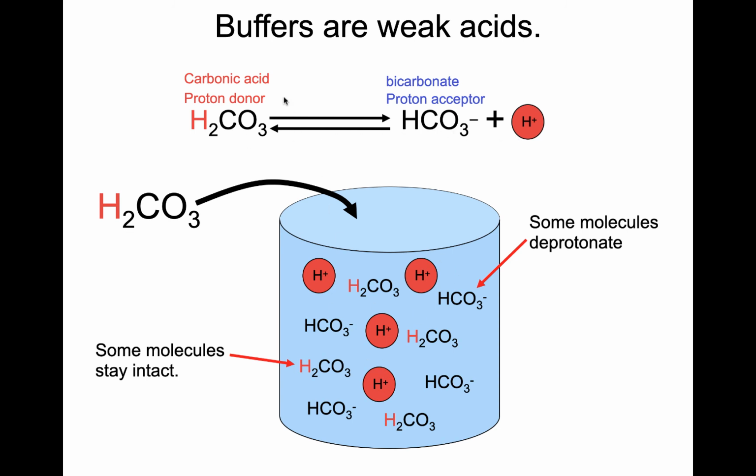In this solution, we have some molecules that have not yet dissociated that can, if we start running low on protons, break down to supply some more. So the fact that we have both dissociated and non-dissociated molecules in here means we can both donate protons when some have been taken away, or accept protons when too much has been added to the solution.